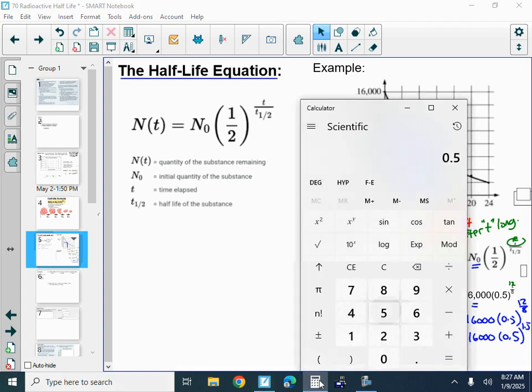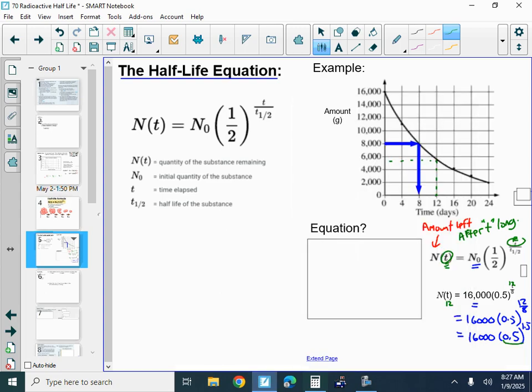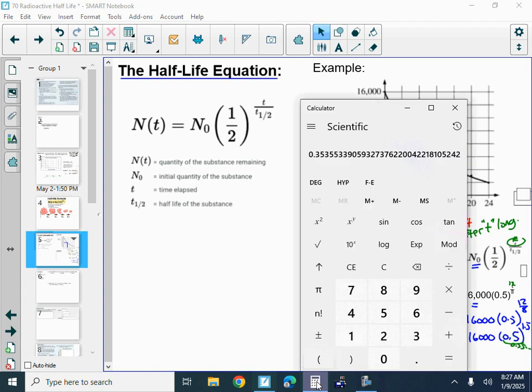0.5 to the power of 1.5 gives us that weird number, and that number then just has to multiply onto the 16,000, right? Because that's that number there, the 0.35 stuff. 0.35 dot dot dot. Anyways, that number just multiplies onto the 16,000 at that point.